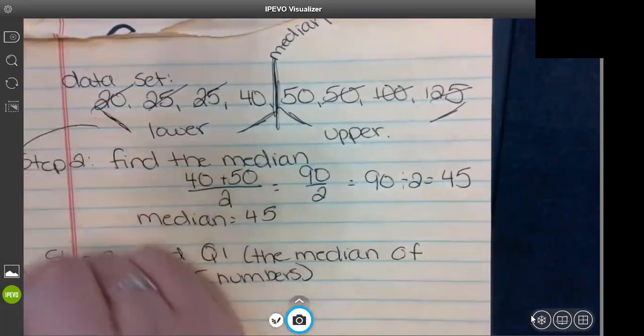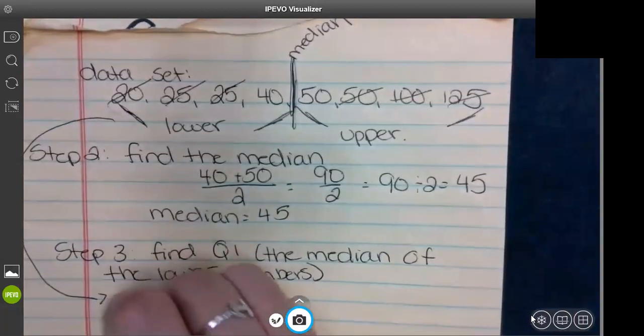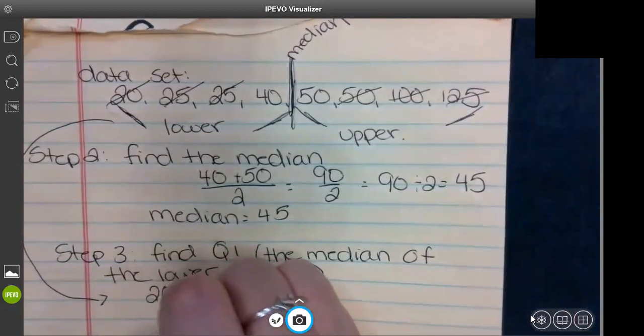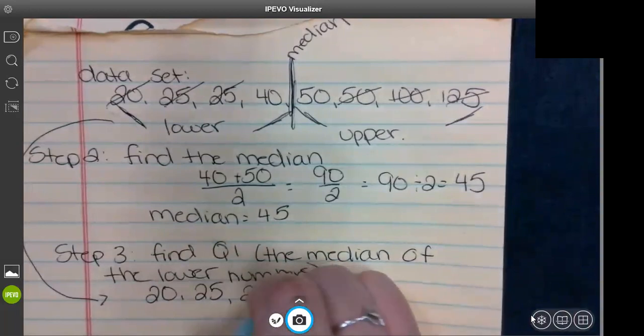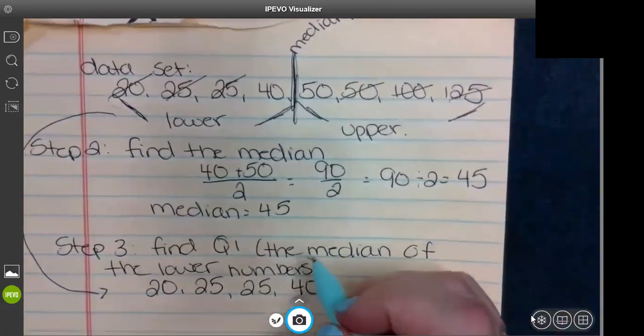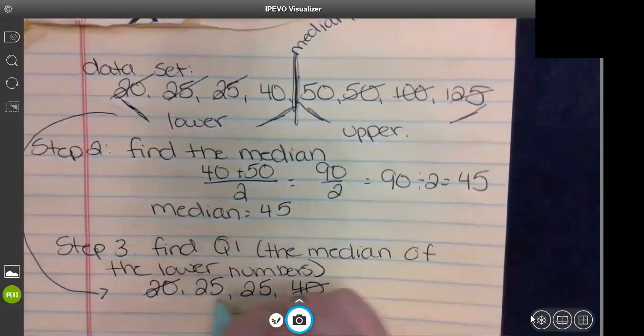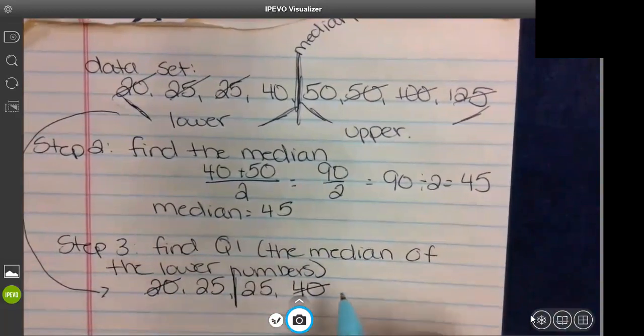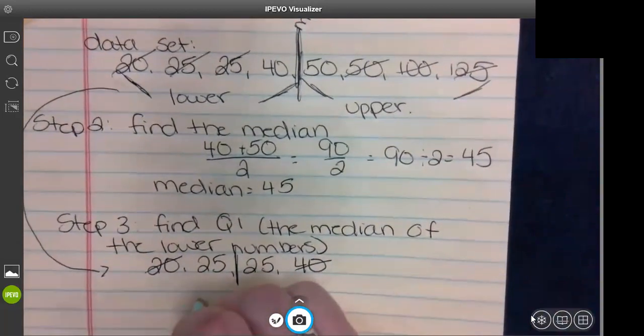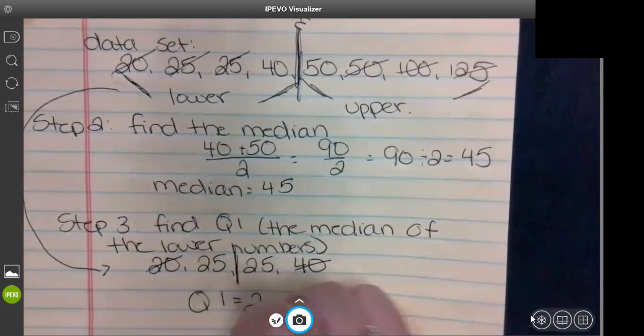So I'm gonna rewrite those numbers down here. Just those, so 20, 25, 25, 40. So it's gonna be halfway between 25 and 25. Well, there isn't a number between there. So our quartile 1 is 25.